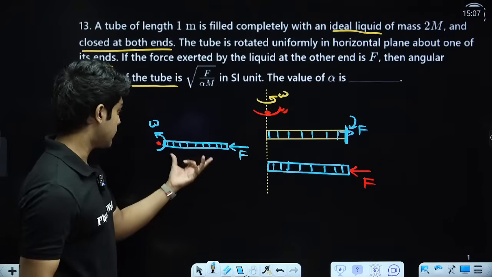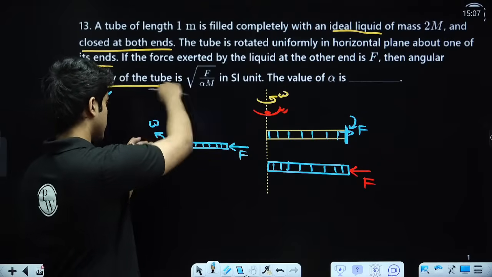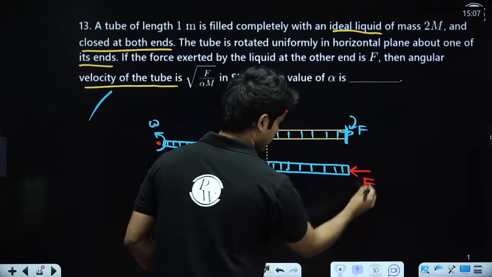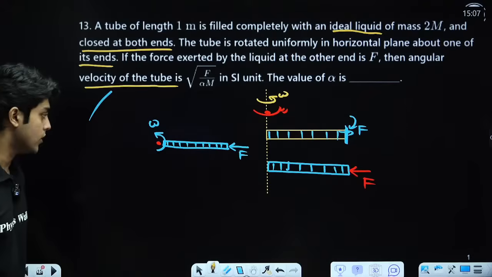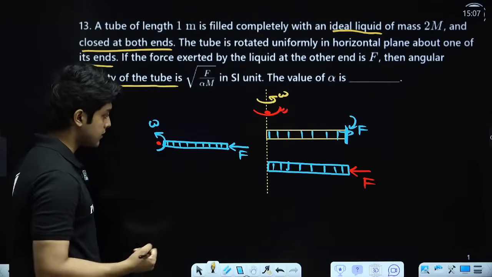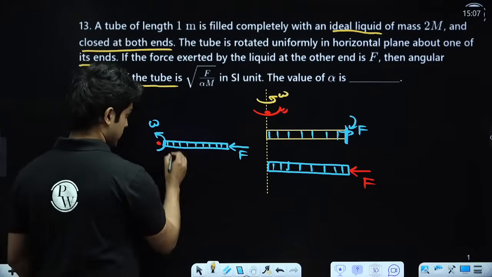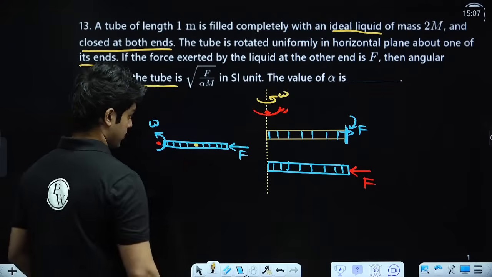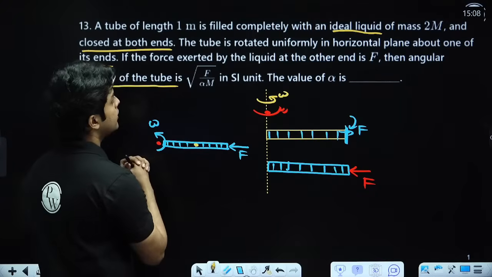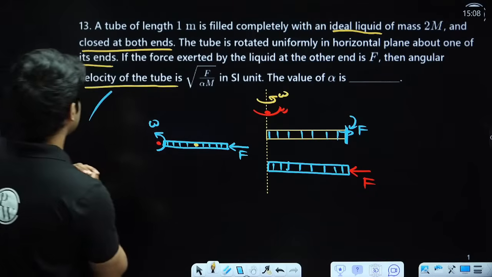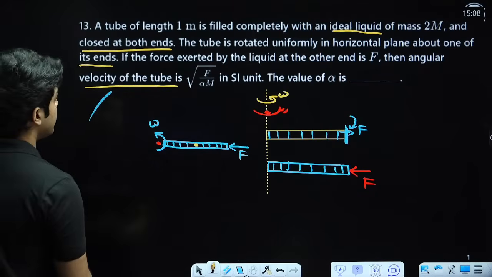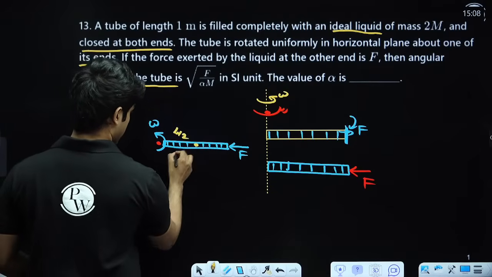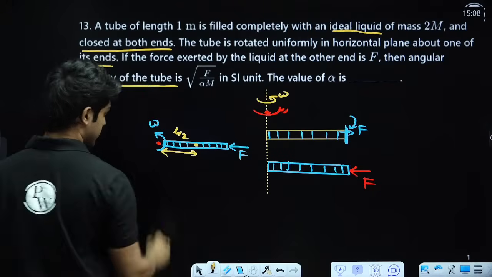Now, because this fluid body is rotating, we can use Newton's second law, which is F net equal to mass times the acceleration of the center of mass. So where is the center of mass of this fluid body? It is exactly at the middle, right, because it's uniformly distributed. The tube length is 1 meter, so let's call it L. So the distance of the center of mass is L by 2.